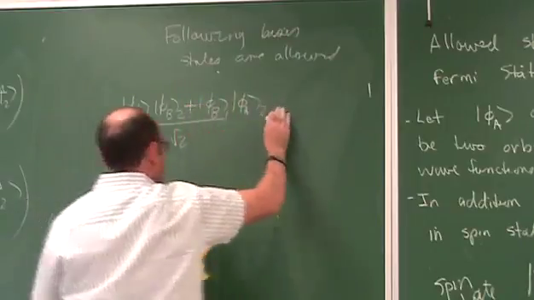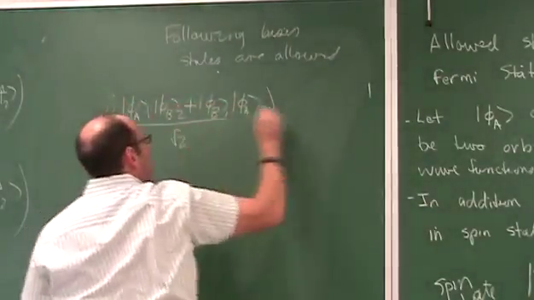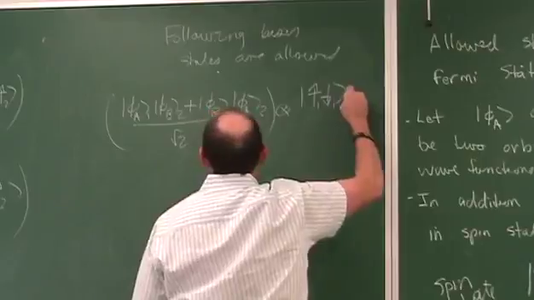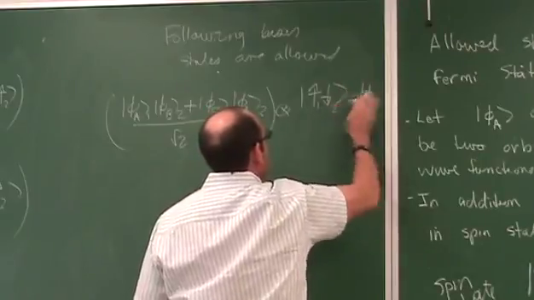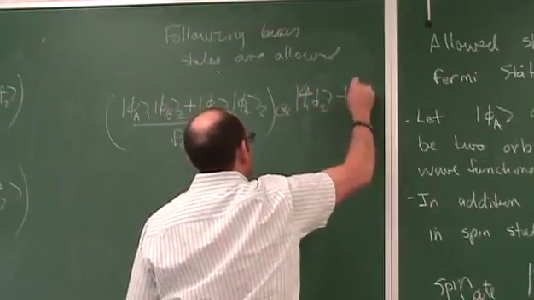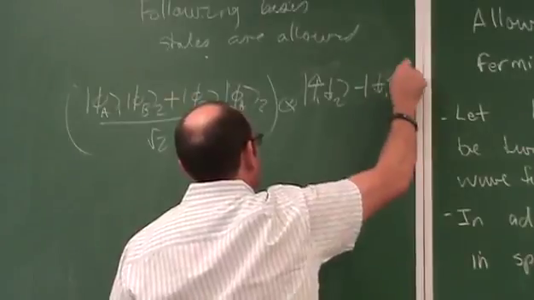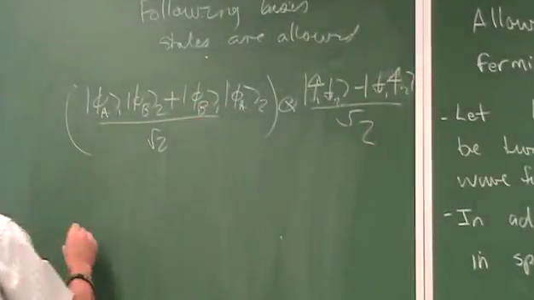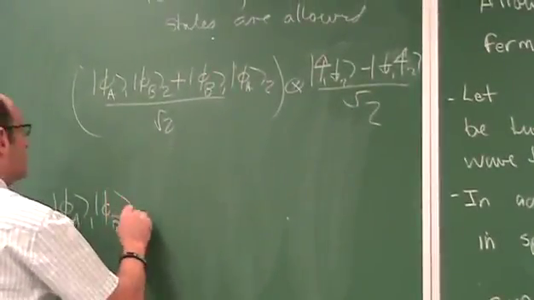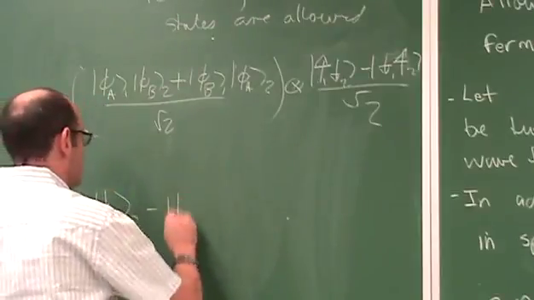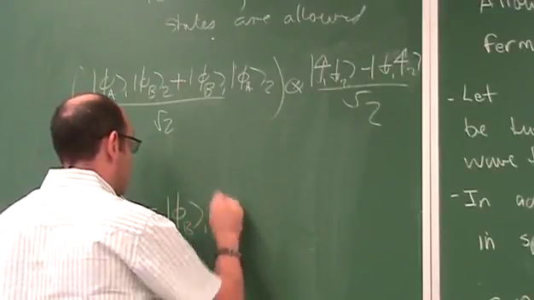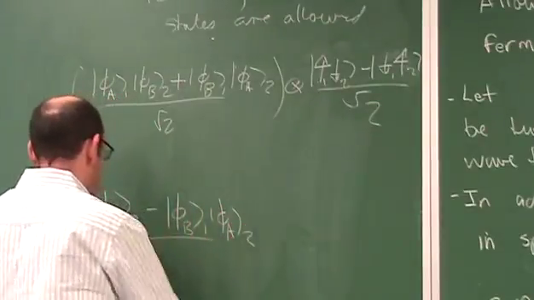Let me do the symmetric one first, symmetric with antisymmetric. Or we have a symmetric pairing of the spin with an antisymmetric pairing of the space. Let me write it down.